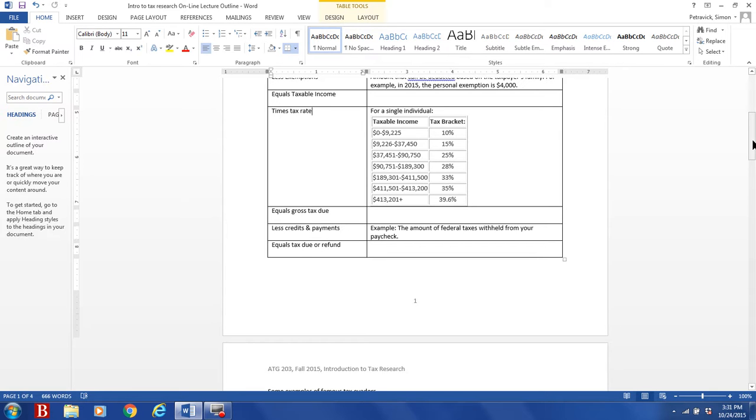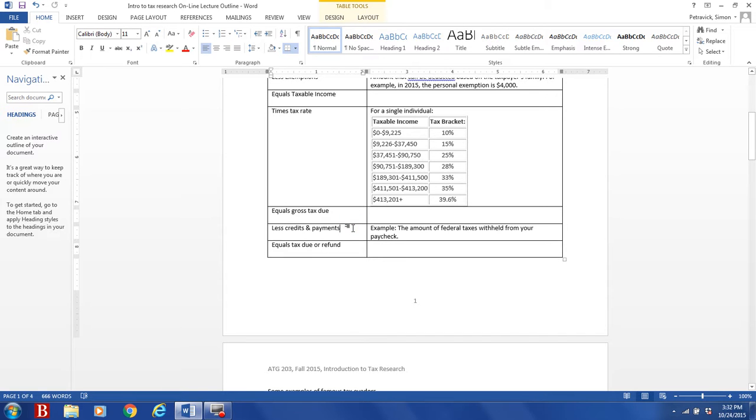When you get to $9,226, that dollar and those up to $37,450 are taxed at 15%. And for those people in the 400,000 plus range, they're paying almost 40% of their income in federal taxes. So that amount equals the gross tax that is due.